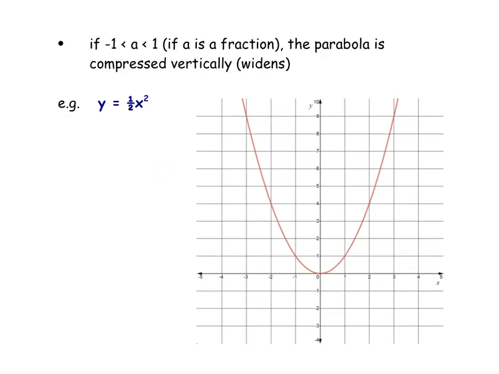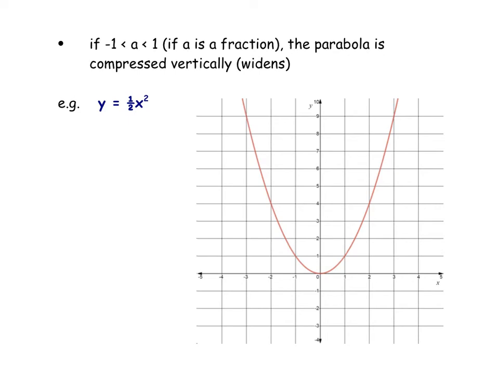Now, in our Desmos activity, we also saw that if the value of a was between -1 and +1, in other words, if it was a fraction that was less than 1, then the parabola appeared wider, right? It appears wider, but all we've really done is squash it down vertically. So imagine you have a hand up here and a hand up here, and you're just squashing it down.